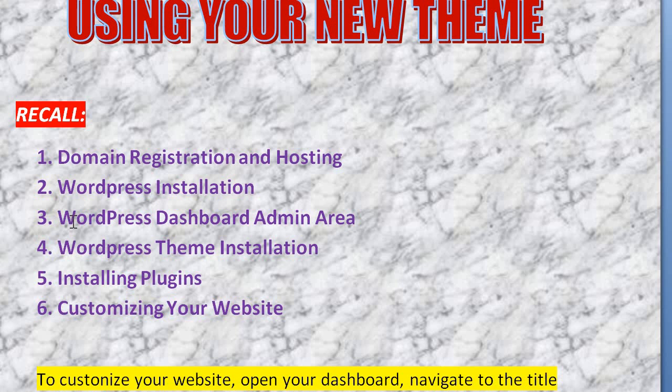Then we had our dashboard admin area. Then we installed our theme in our WordPress dashboard. After that we installed plugins too. Then the last one, we are going to customize our website.